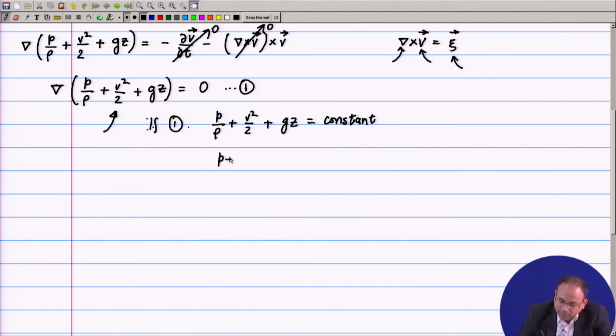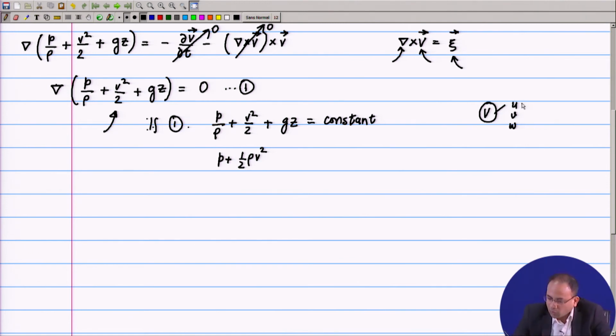Popularly we say p plus half rho v square or half rho u square. I mean that u or v is essentially the net velocity, okay, net velocity in the sense that you might have v composed of u, v, w, etc., but we are talking about this net velocity, not the components small u, small v, small w.